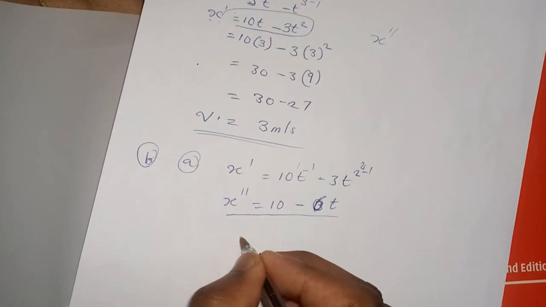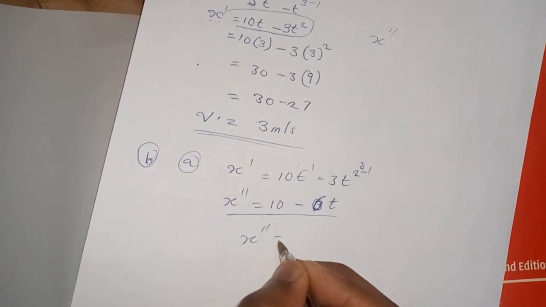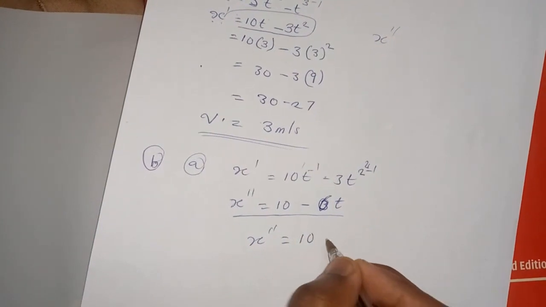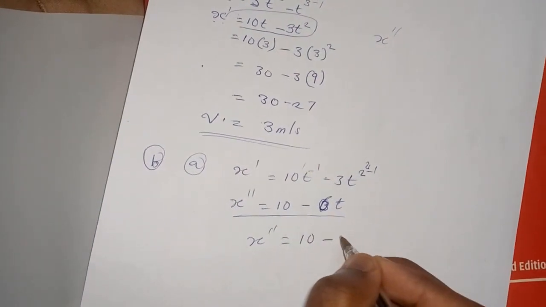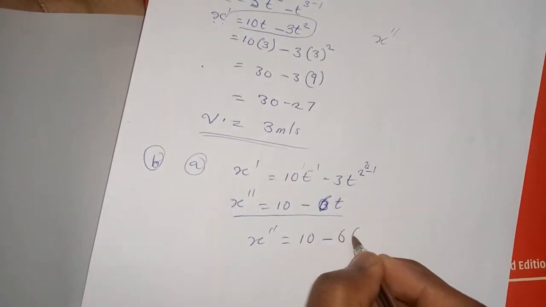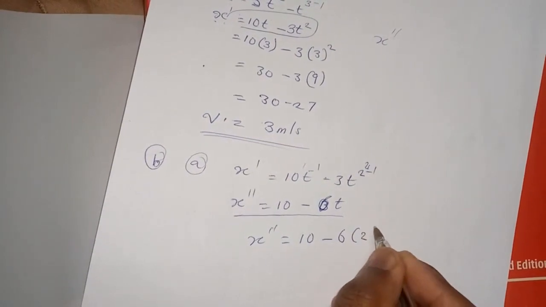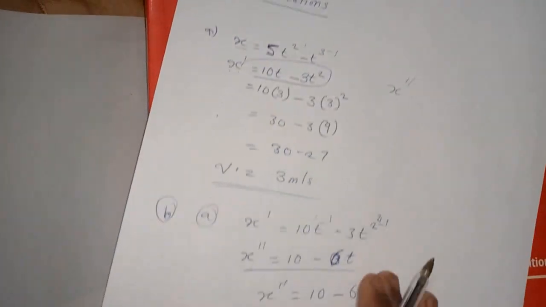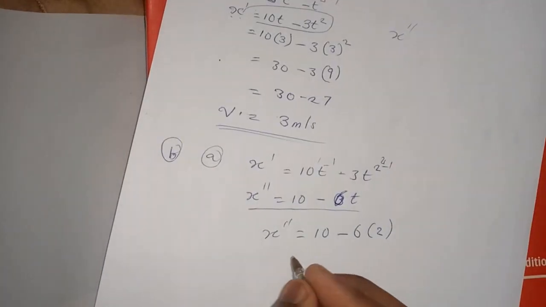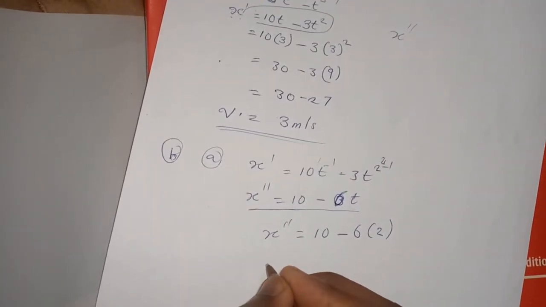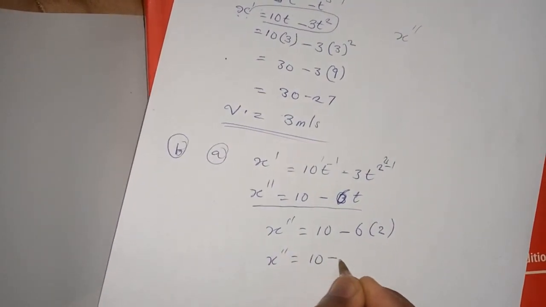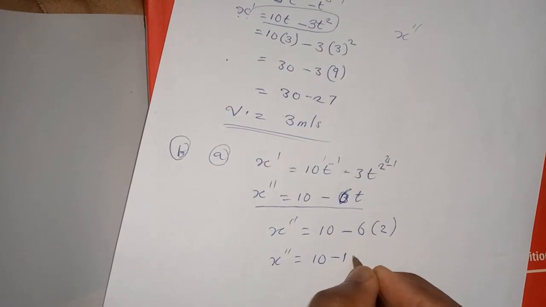So we can say x double prime, which is our acceleration, will be equal to 10 minus 6 multiplied by 2, our 2, the time that is mentioned here. So x double prime, which is our acceleration, will be equal to 10 minus, 6 times 2 is 12.